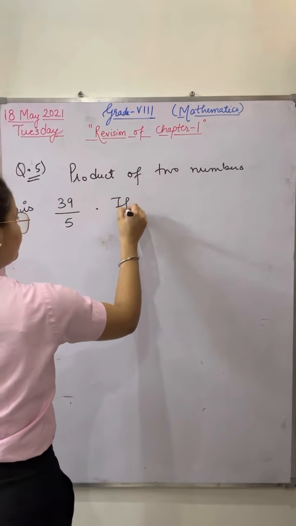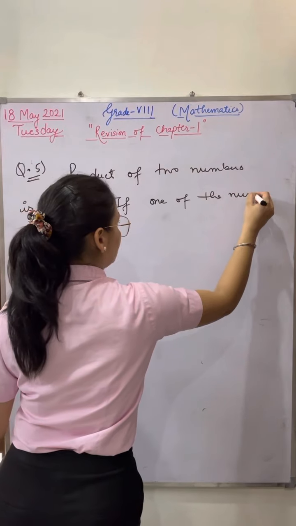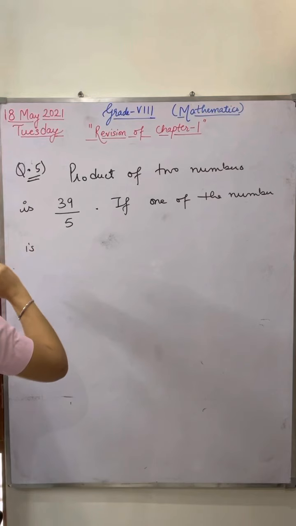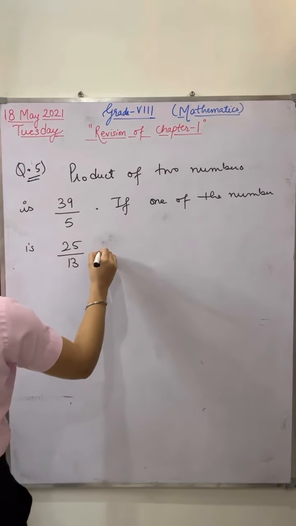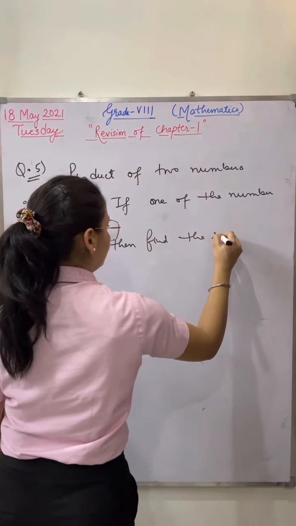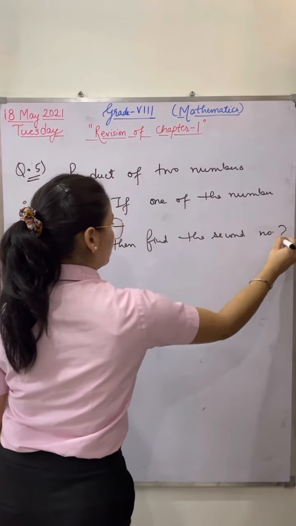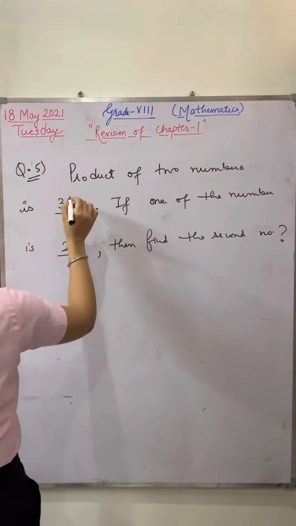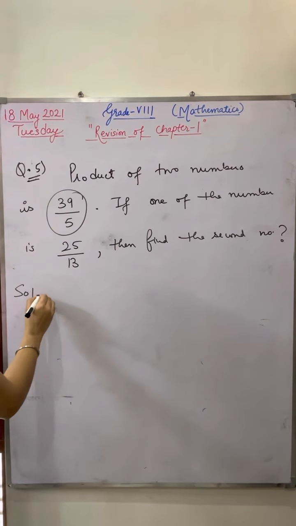If one of the numbers is 25 upon 13, find the second number. Quickly do this question. Quickly, very, very easy. Product of two numbers is given. If the first number is this, then find the second number. Quickly do this.